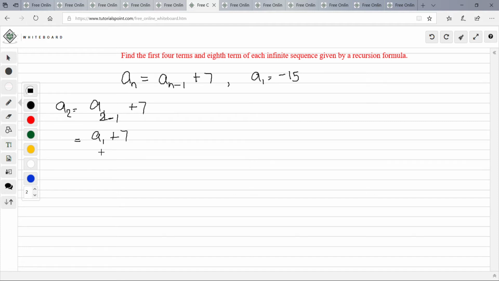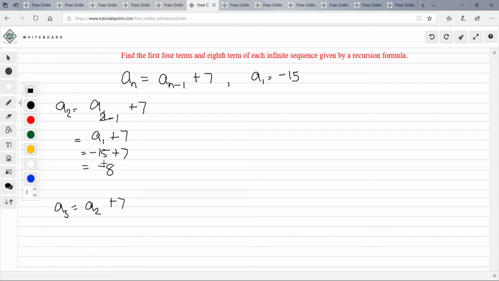So we know the first term is negative 15 plus 7, so that should give us negative 8. A3 is 3 minus 1, so 3 minus 1 is 2, so a2 plus 7.